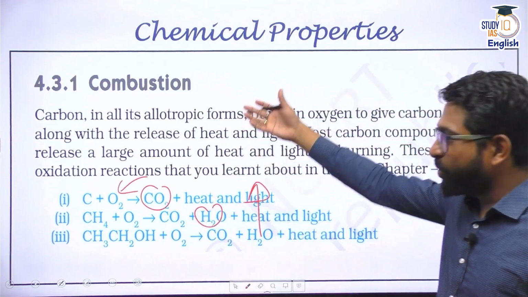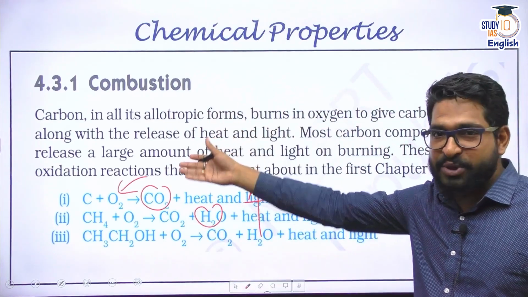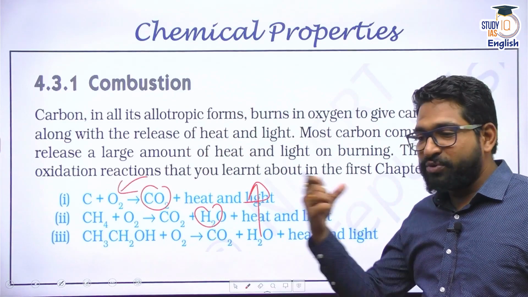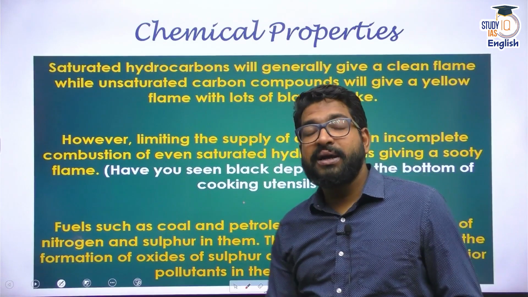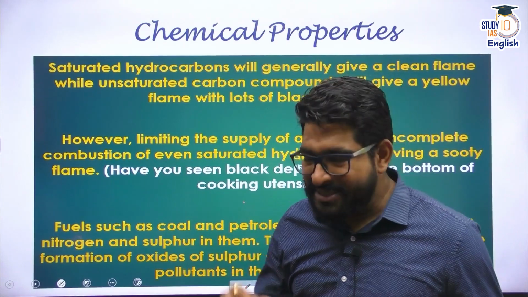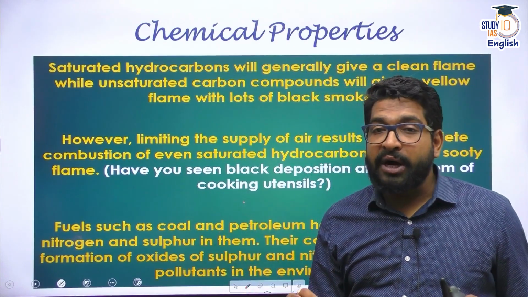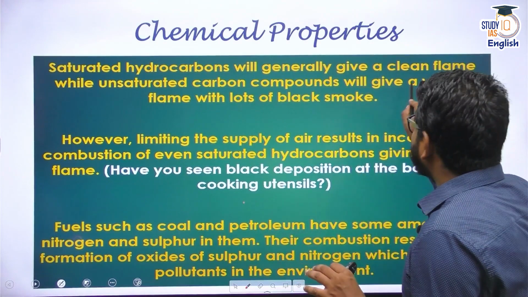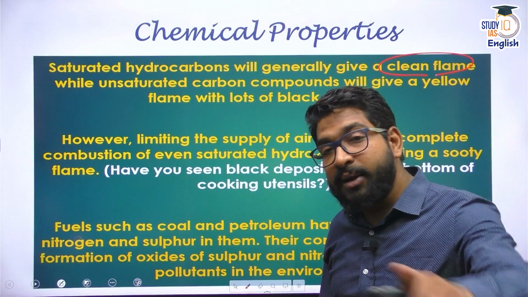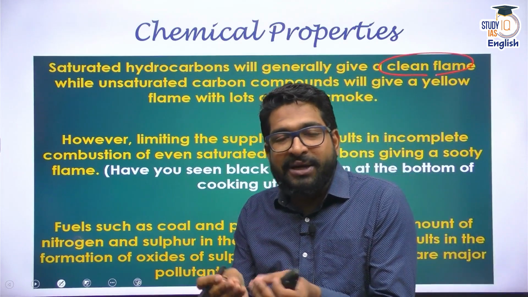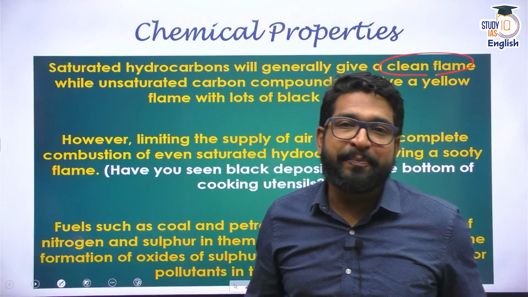So they undergo a combustion reaction. In fact, when you look at hydrocarbons, you will see that saturated hydrocarbons always burn with a clean flame. That is why in your LPG you have butane and propane. When you burn LPG, it gives you a clean blue flame.